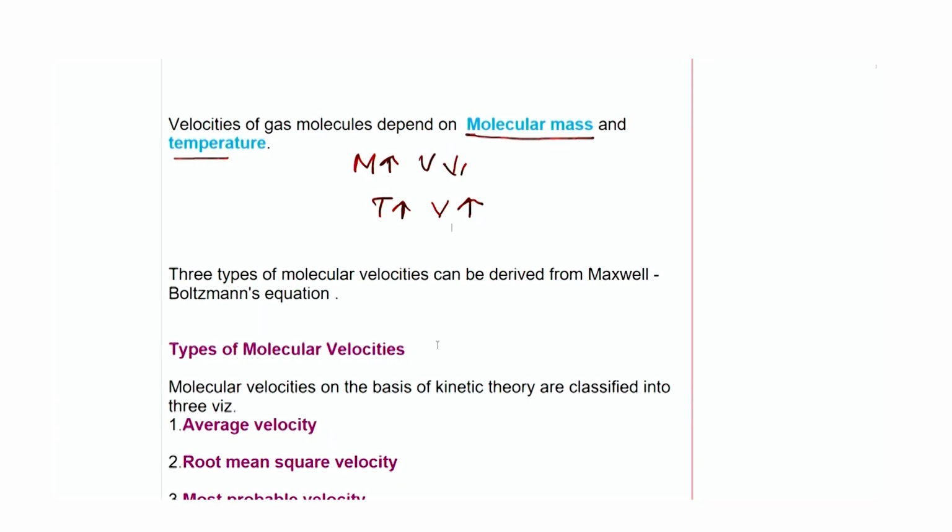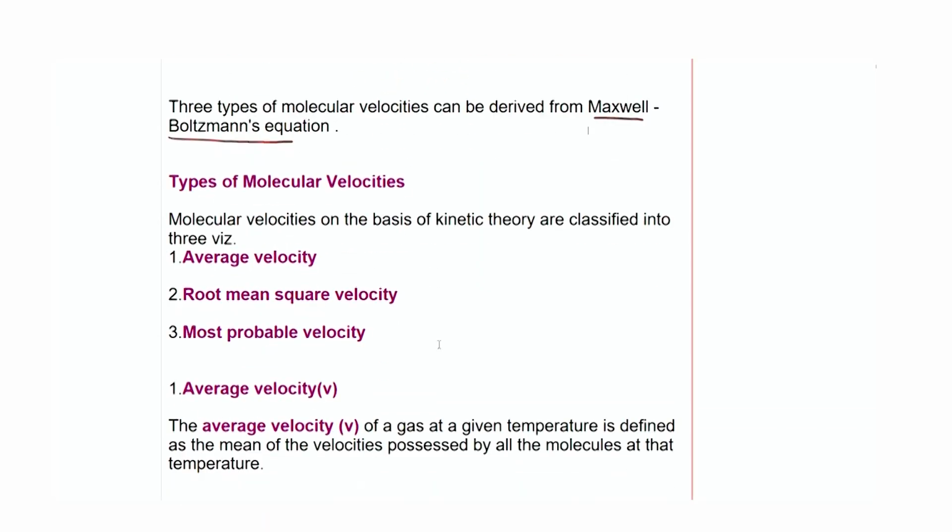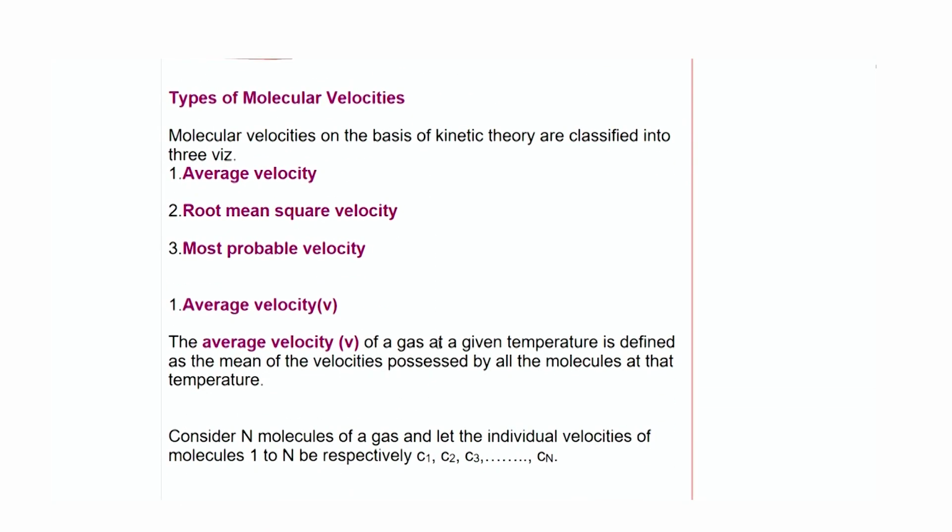Now, three types of molecular velocities are derived from the Maxwell-Boltzmann distribution equation, the Maxwell-Boltzmann distribution of molecular velocities. So, let us see one by one. First one is the average velocity, which is represented by small v.